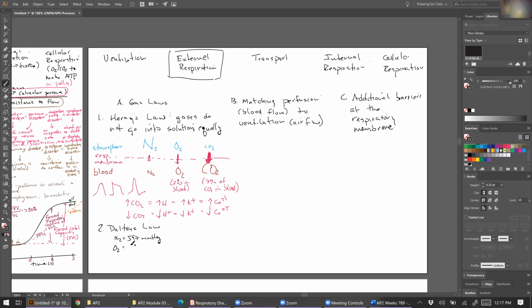Then we have O2, which is 159. And then we have H2O, which is 37. And we have CO2, which is equal to 0.3. So there's not a whole lot of CO2 in the air. And that together equals the 760 millimeters of mercury of atmospheric pressure.